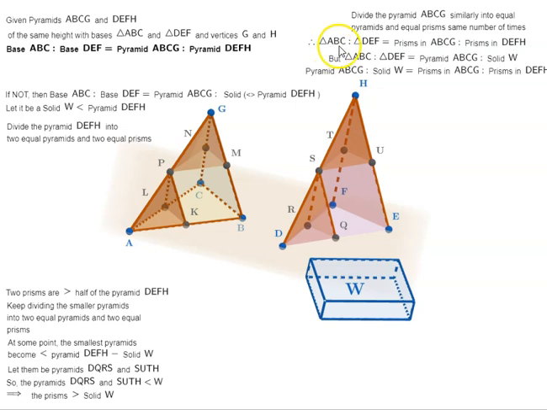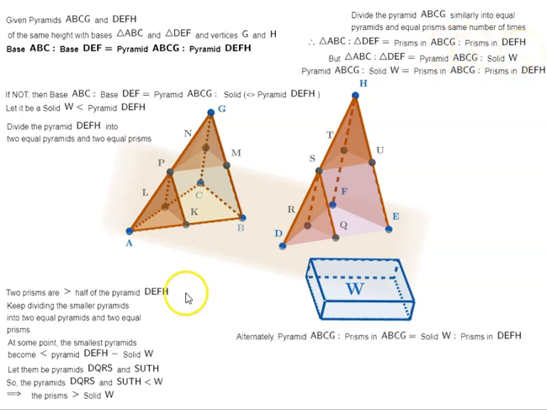So here we have ABC is to DEF as prisms in ABCG are to prisms in DEFH, and we have ABC is to DEF as pyramid ABCG is to solid W. So that means pyramid ABCG is to solid W as prisms in ABCG are to prisms in DEFH.